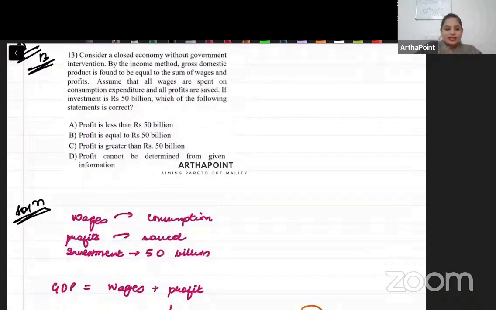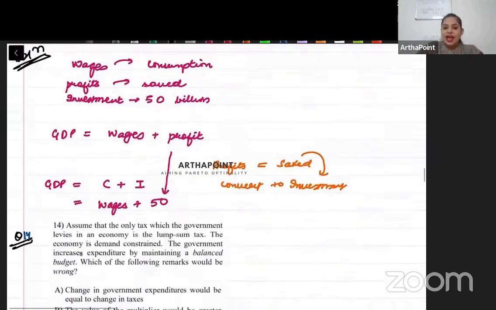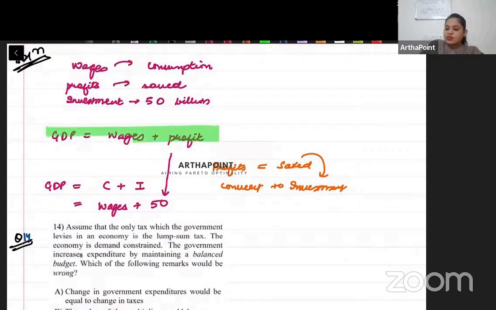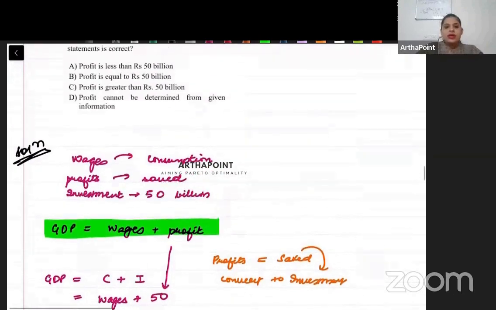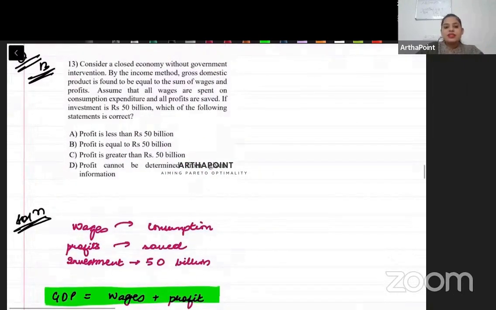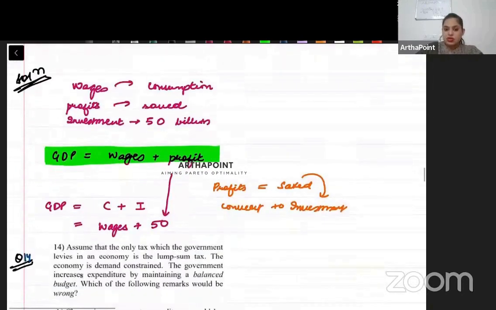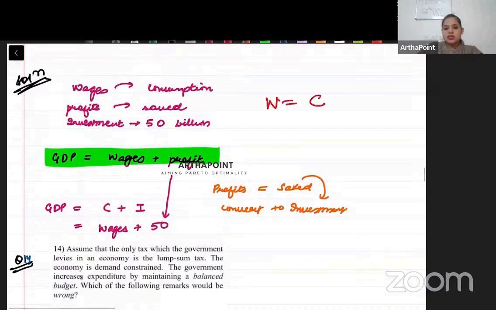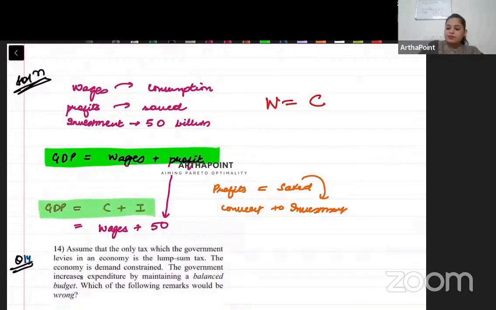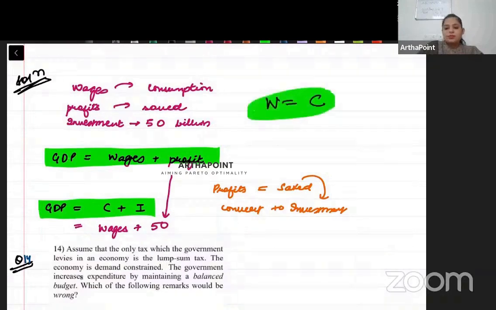Very tricky way of writing this. I like this question. Consider a closed economy without government intervention. By the income method, GDP is found to be sum of wages and profit. So this is what your GDP is. Wage plus profit. Now it says that assume all wages are spent on consumption expenditure, which means W is equal to C. So if you remember, using expenditure method, I can write GDP as C plus I. Now it tells me that W and C are equal to each other.